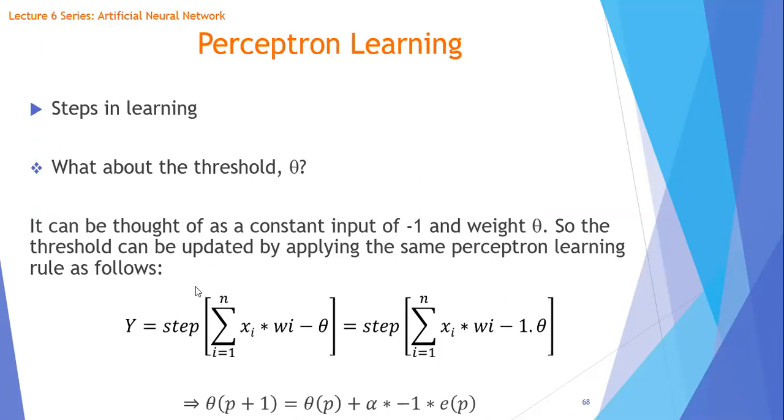So this is your expression for calculating y based on the weighted sum of inputs, and then we subtract theta always. So we're just making one simple change here. We're saying this theta is just 1 times theta.